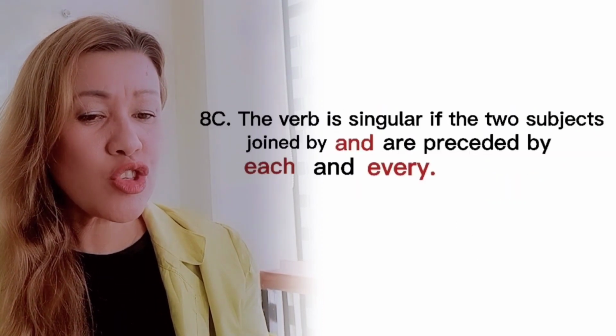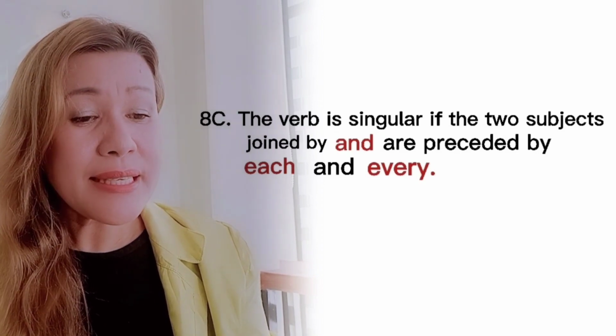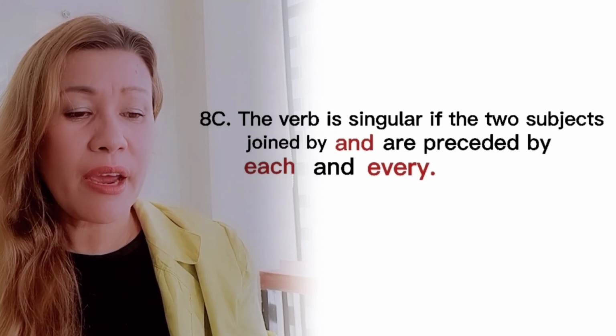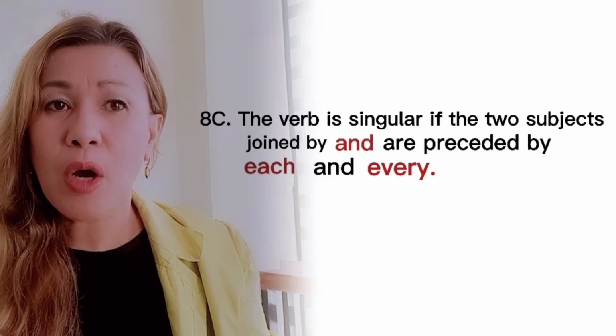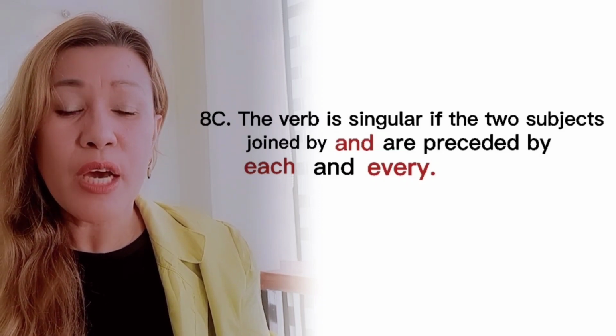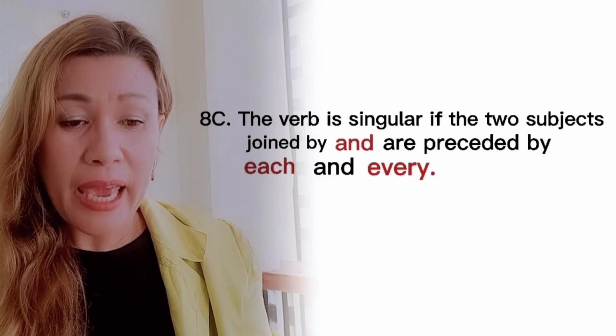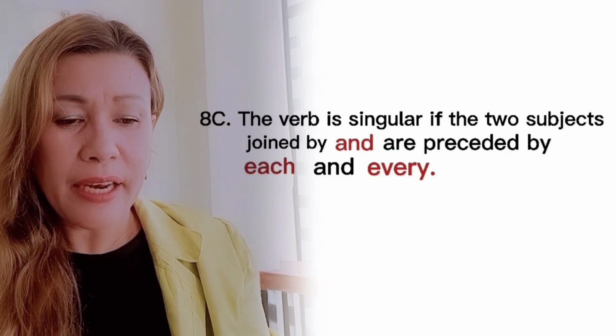It says, the verb is singular if the two subjects joined by and are preceded by each or every. Again, we have a compound subject here because we have two subjects joined by the connector and.